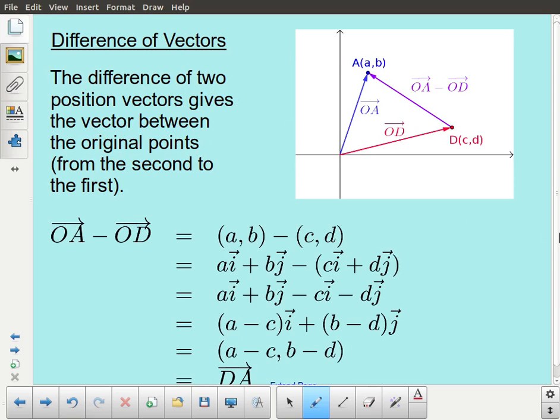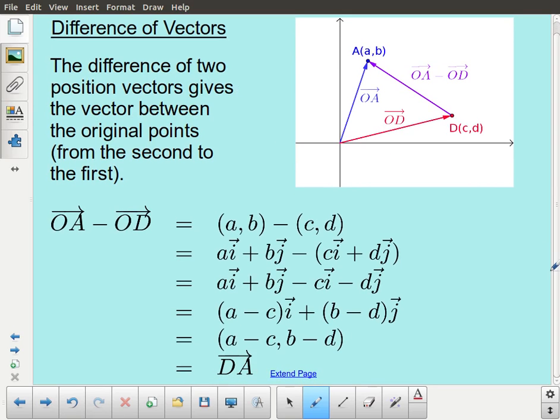So if we were to do this difference using our i and j vectors, we start off with OA, which is a, b, minus OD, which is c, d. I can then break this up into algebraic notation using i and j vectors.